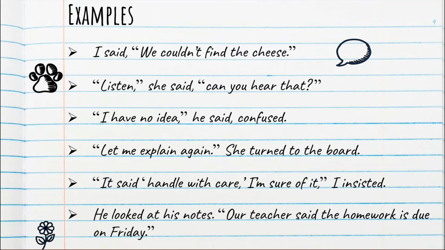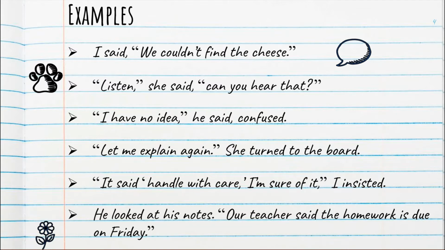One other thing to note about this sentence is that the words "the homework is due on Friday" are not in single quotes, right? So even though you're repeating what the teacher said, our teacher said the homework is due on Friday, because we're not saying it word for word, we're just giving the idea of what the person said, we don't need to put it in single quotes. Single quotes are only when you repeat something word for word exactly.